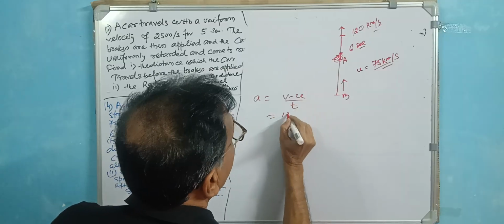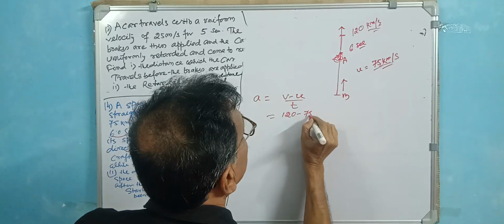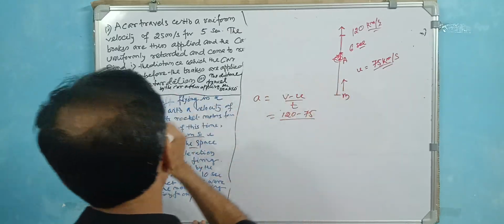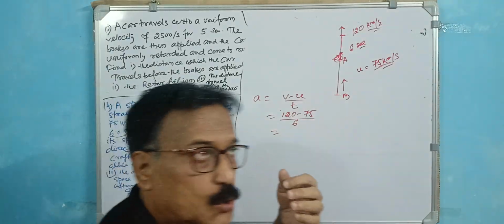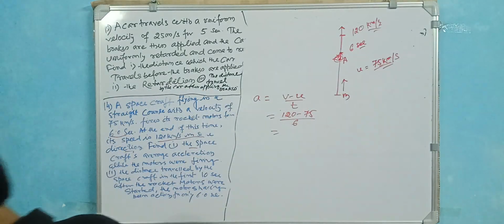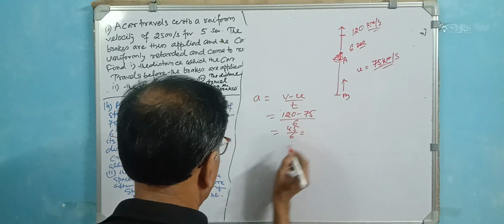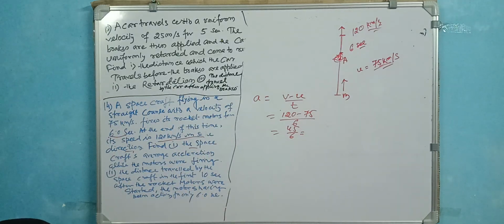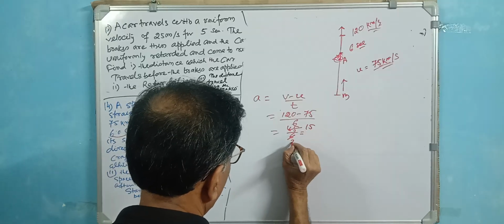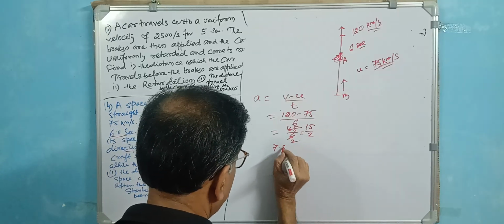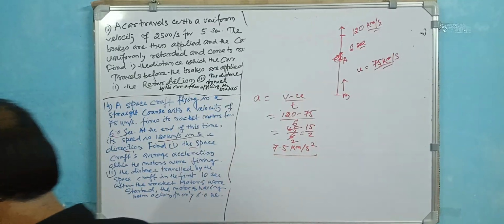V is 120 minus 75, and t is 6 seconds. So 120 minus 75 is 45, 45 by 6, which is 7.5 kilometers per second square. That is the acceleration.